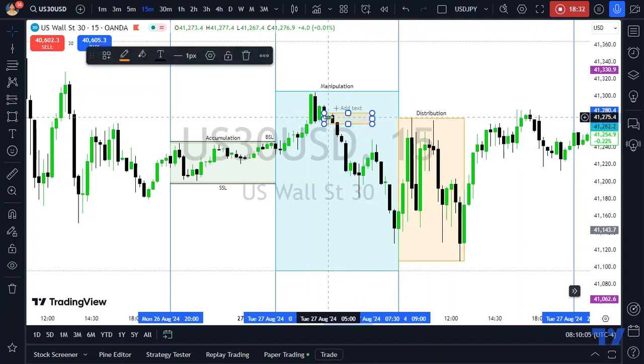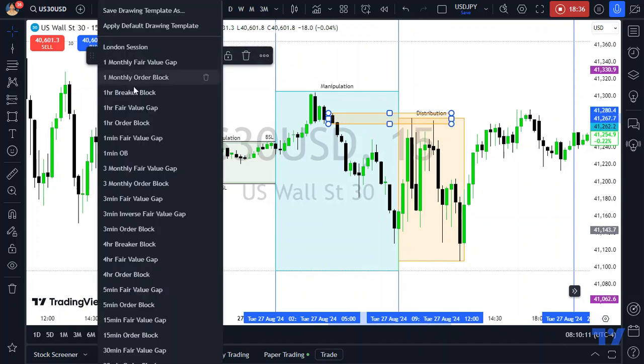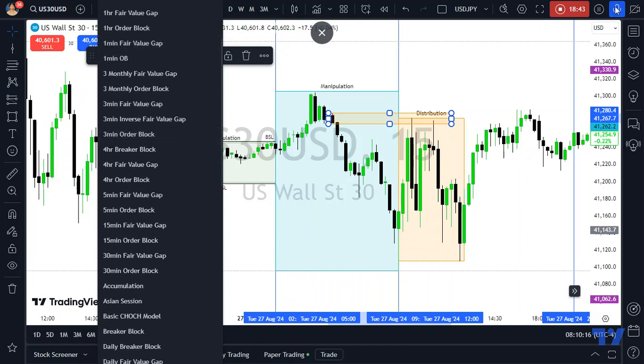But I intend to use order blocks because we are moving a large amount of money and we are trading with large institutions and central banks. So that is what I'm looking for.